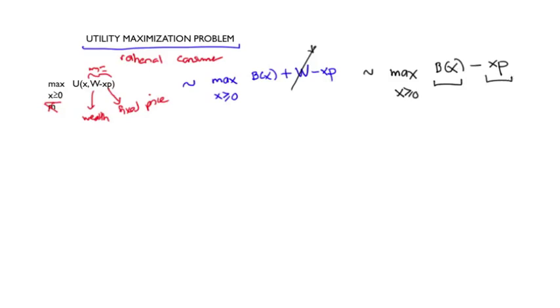So I hope that you see that the utility maximization problem, under the assumptions that we have created, has this familiar structure of a benefit minus a cost.